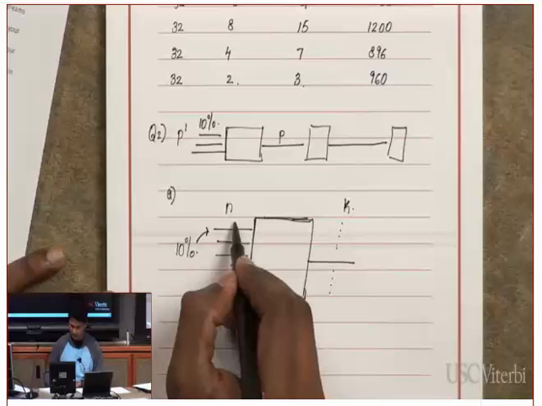Now the other question: how does this P affect the blocking performance of the intermediate crossbar switch? What do you think? If this P increased, what do you think would happen? With less blocking, no blocking at all?